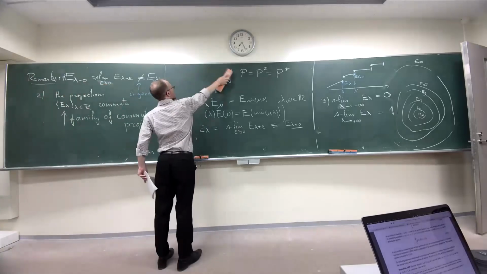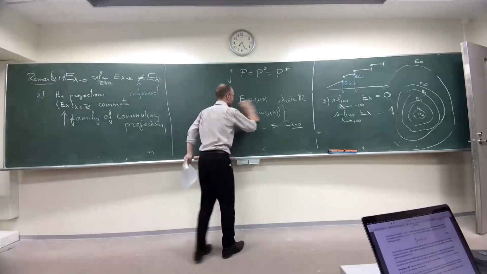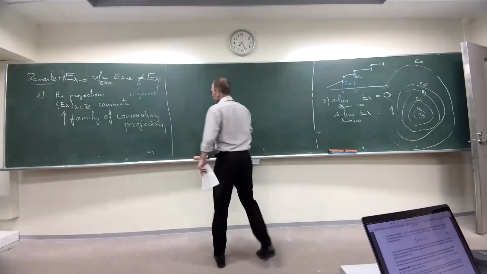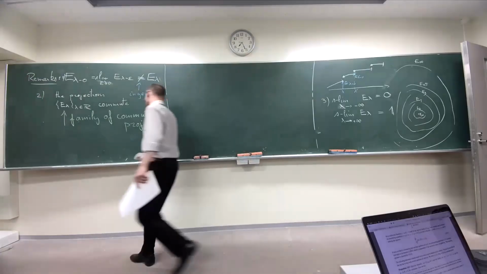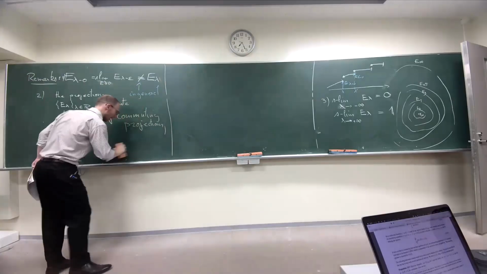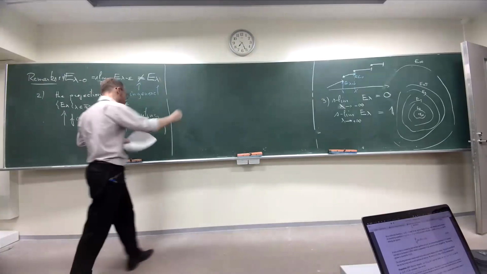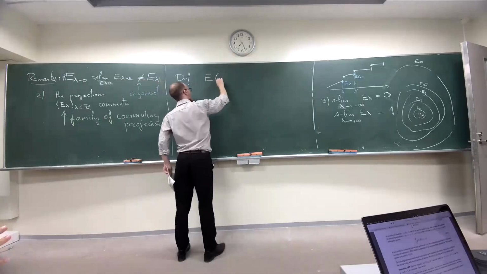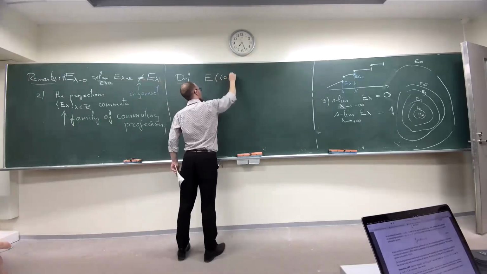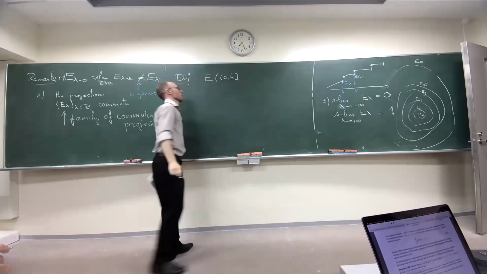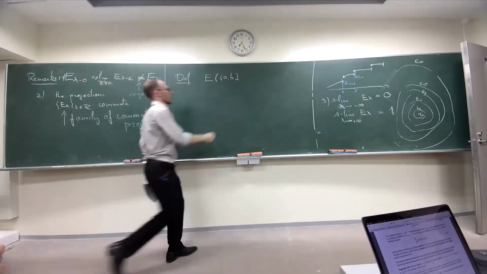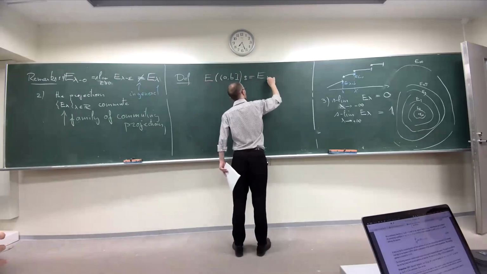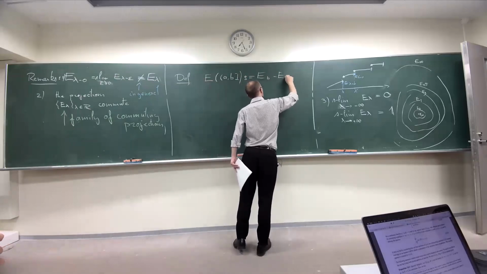All right. I'm rushing because I can see the clock. Okay, what do we do with this family? We are already happy. We have a family, but we can do something else. Definition: I define E of the interval (a, b], open on the left, closed on the right, as E of b minus E of a.